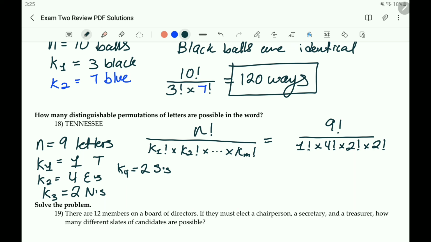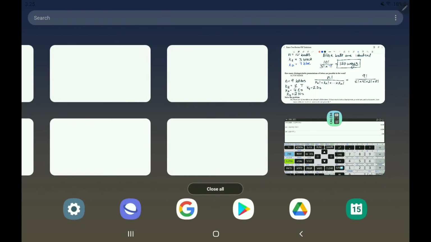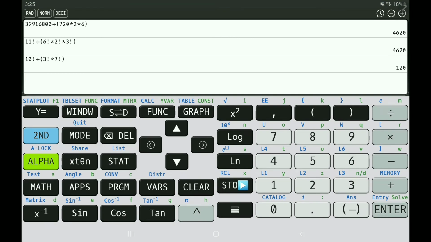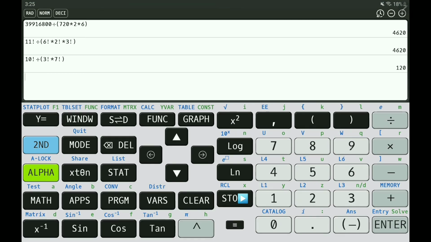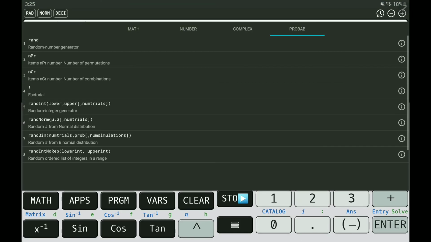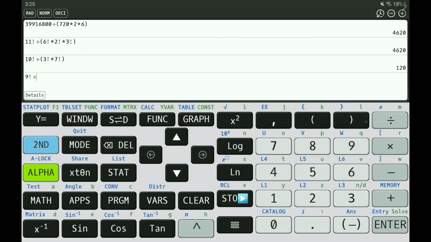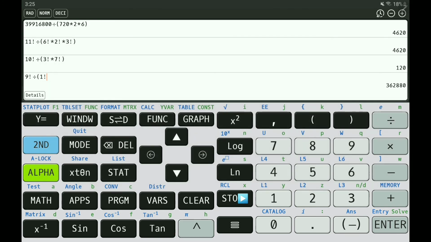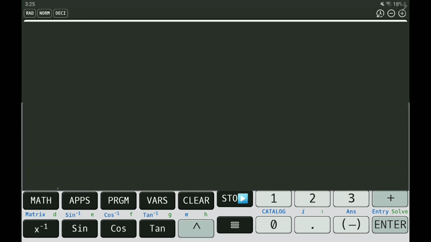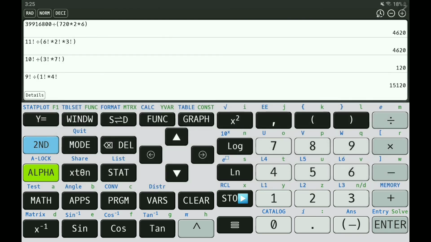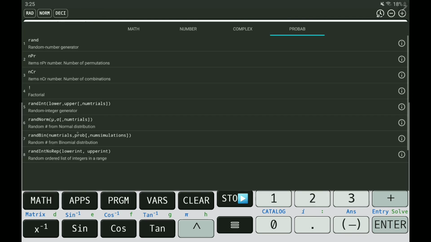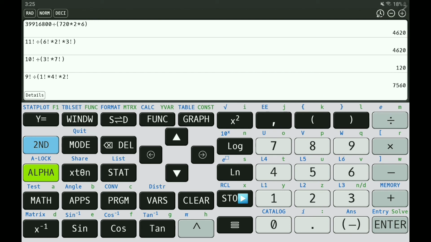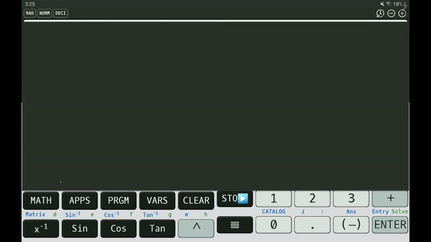Let's plug that into our calculator. 9 factorial divided by, in parentheses, 1 factorial times 4 factorial times 2 factorial times another 2 factorial.